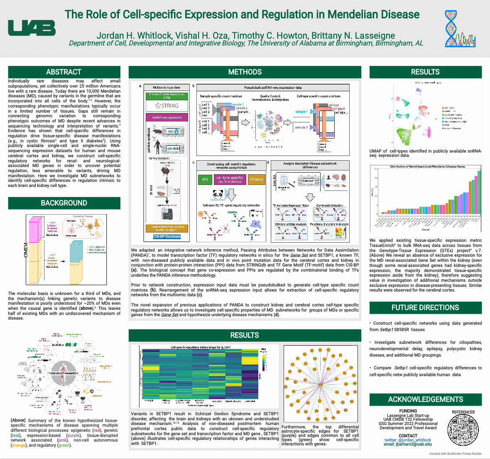And so if you look here on the screen in the bottom left, we'll see all of the different hypothesized mechanisms of tissue specificity that exist today. They range across multiple different biological processes, such as epigenetic-based mechanisms in red, genetic-based mechanisms in teal, expression-based mechanisms in purple, tissue-disrupted network-associated mechanisms shown in pink, non-cell autonomous or epigenetic mechanisms in orange, and then regulatory-related mechanisms in green.